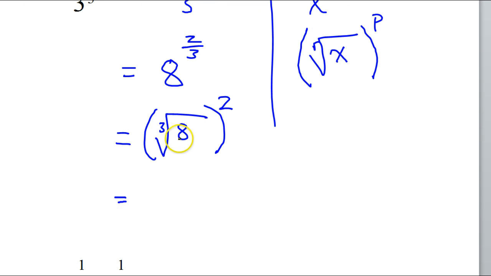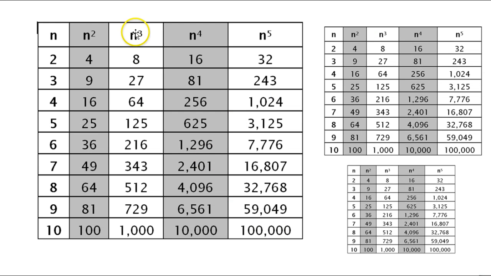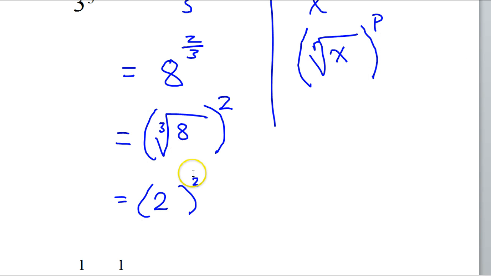And we know that the cube root of 8 is 2. All right, and if we didn't know it, we have the chart. All right, the cube root of 8 is 2. And then, of course, finally we have 2 squared, which is 4. Okay, so the final answer is 4.